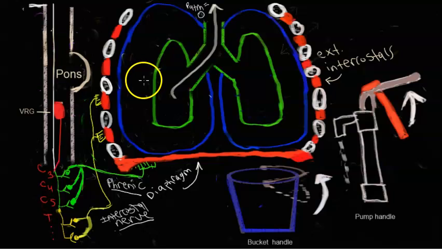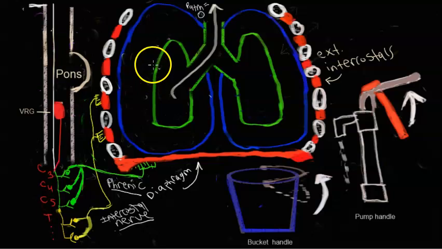Now, let me just explain that there is a process called the Hering-Breuer reflex. So essentially what happens is when the lungs are inflated, or as they're inflating, there are stretch receptors which detect that.